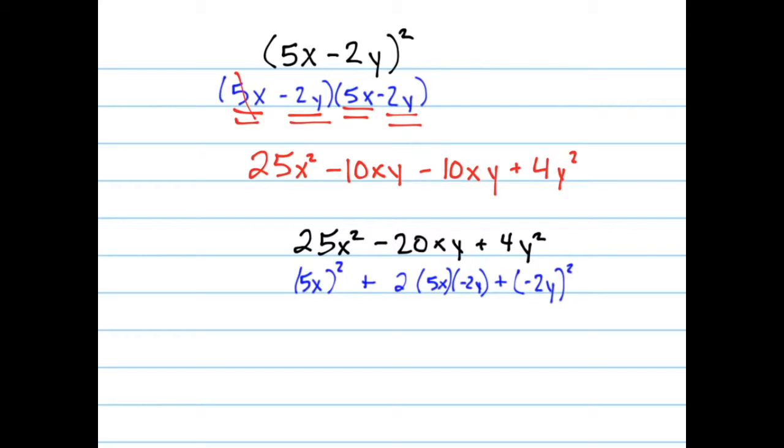So we could shortcut these. If I wanted to square 4x minus y, what should my first term be? Just 4x squared, which is 16x squared.